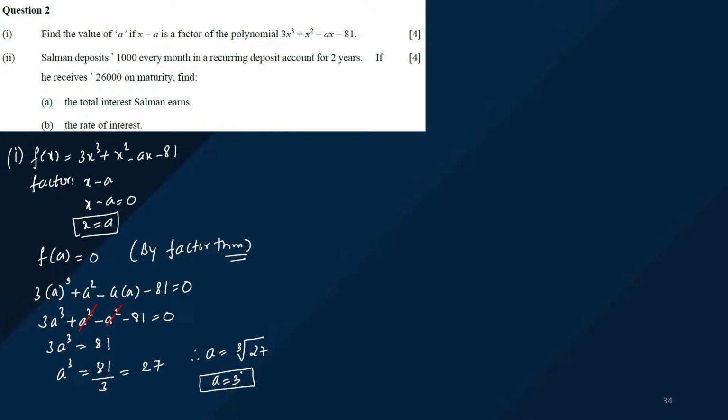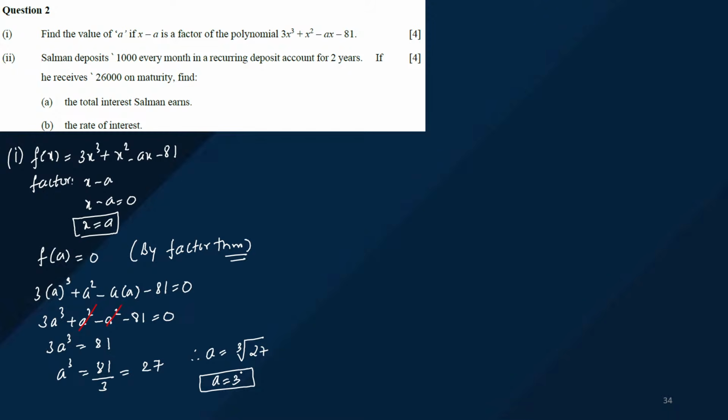Atmaja is asking: Sir, can you explain factorization, how to find the variable if both a and b or any other variable is given?